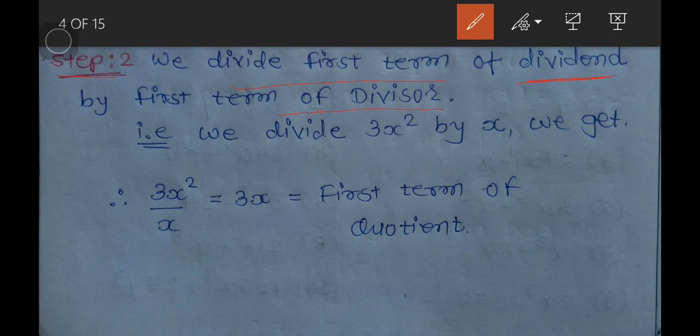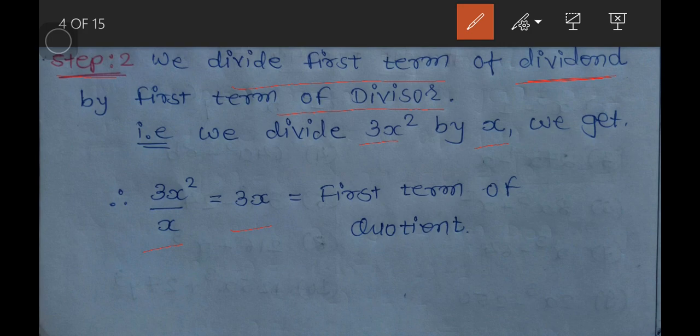Now we know that the first term of our dividend is 3x square and the first term of divisor is x. So after dividing 3x square by x, we get 3x.